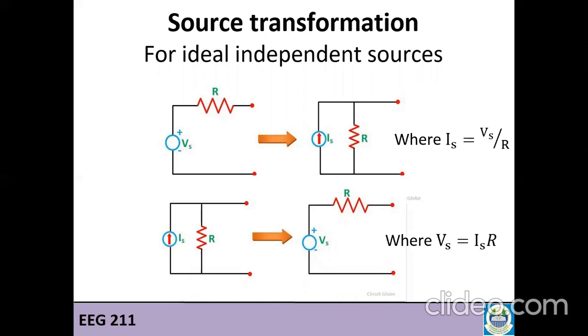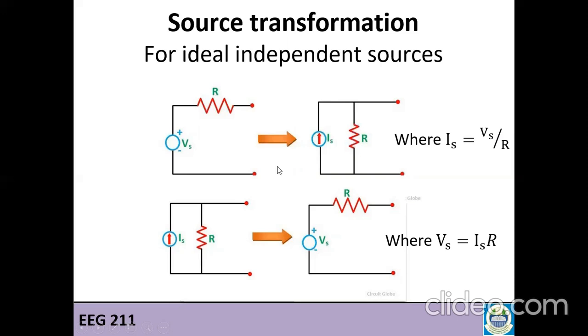What this technique says is that for ideal independent sources, you can transform a voltage source with a series resistance into a current source in parallel with a resistance, using this relation, where your current source will now be Vs divided by R, and the same resistance that was in series will now be connected in parallel.